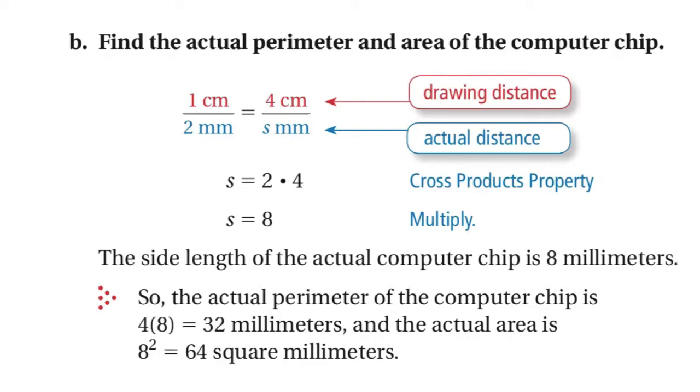You figure out the proportion, multiply by 4 using mental math, and the side length is 8 millimeters. The side length of the actual computer chip is 8 millimeters. So the actual perimeter, 8 plus 8 plus 8 plus 8, is 32 millimeters. And the actual area, 8 times 8, because you multiply side by side, length times width, 64 square millimeters.